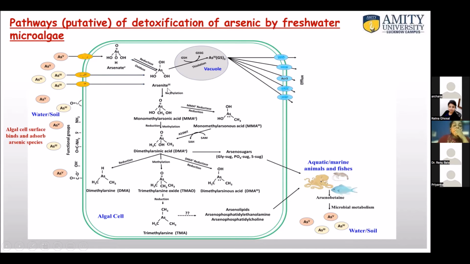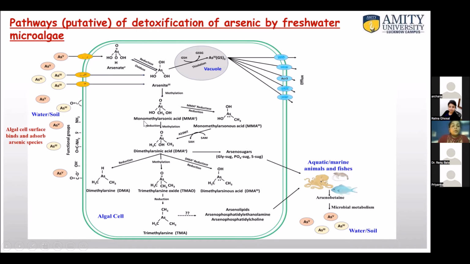And after that, there is a possibility of methylation, which can produce different methyl arsenicals like monomethyl arsenic acid and dimethyl arsenic acid. So these are all assumptions, and in some algae they have already been found.